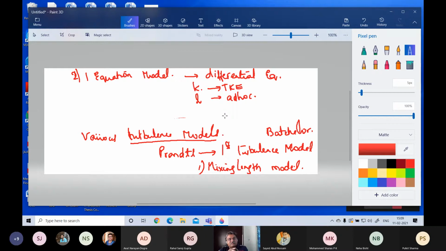Just like that, this value of L, known as the integral length scale, or simply the length scale of turbulence, varies for different types of flows.